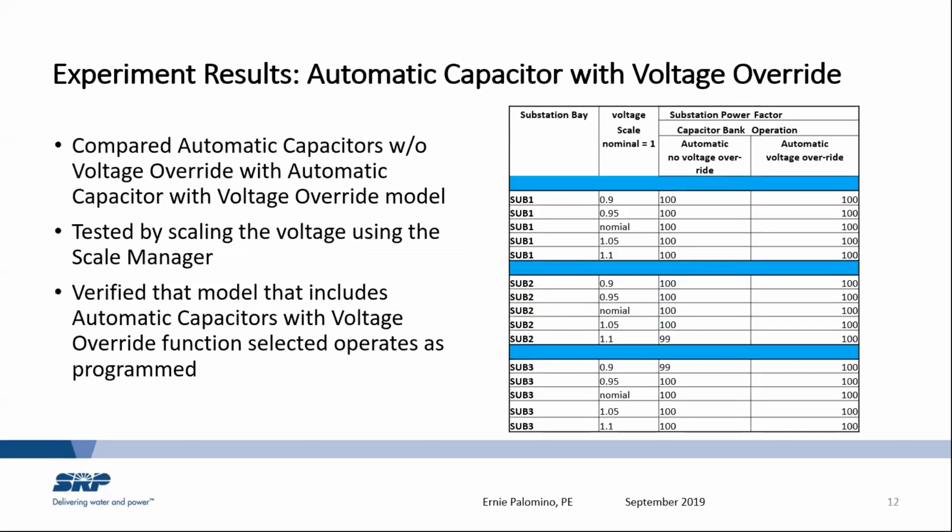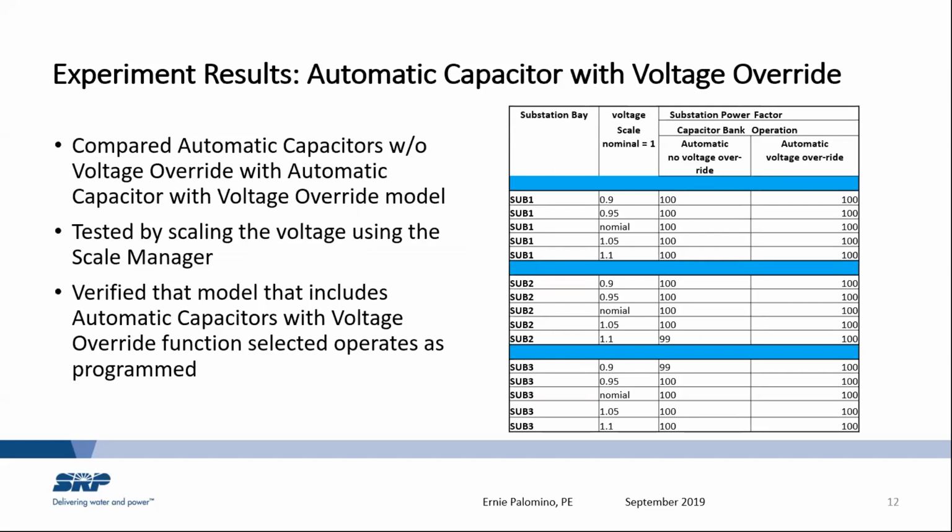So the next study was to see, if I enable voltage override, will the voltage override the sequence and turn on or off? So again, I did the analysis, and in this case, they're both the automatic switch capacitors. This has no voltage override, and this has voltage override.